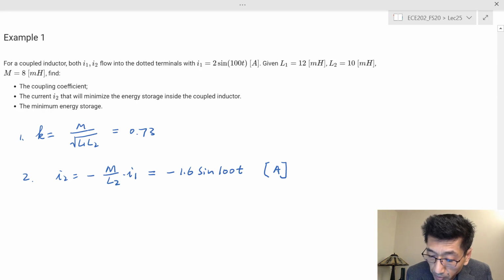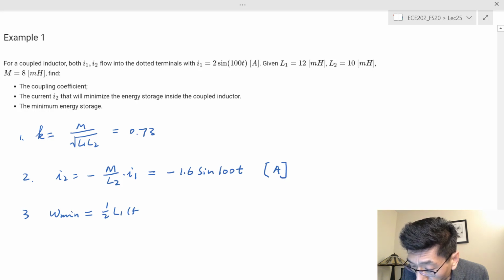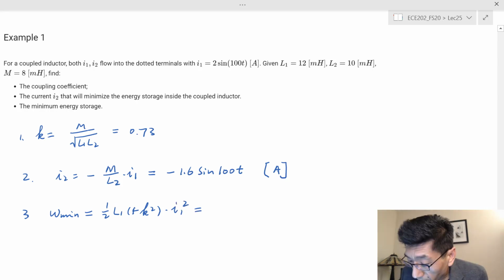And the minimum energy storage, the W min, is half L1 times 1 minus k squared times I1 squared.